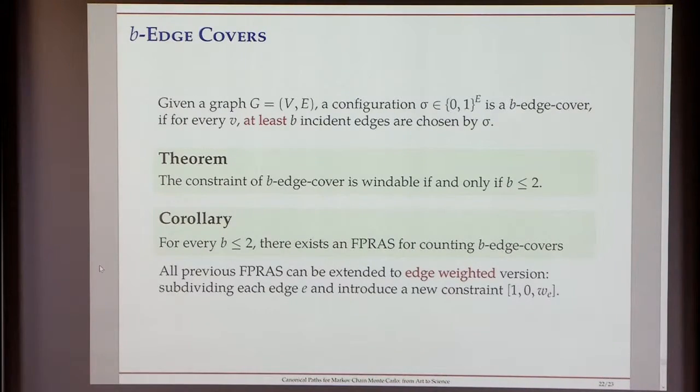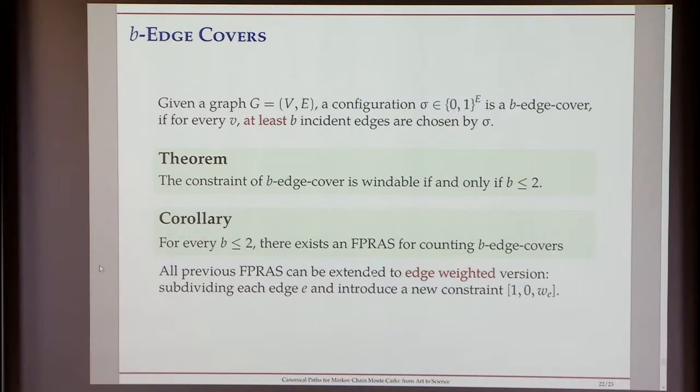And for all the FP-ROS we mentioned, we have the following. We can extend them to the edge-weighted version, since we can just subdivide each edge and add a constraint 1, 0, and the weight of E to these vertices. And since this function is also windable, we can arbitrarily add the edge weight to each edge.